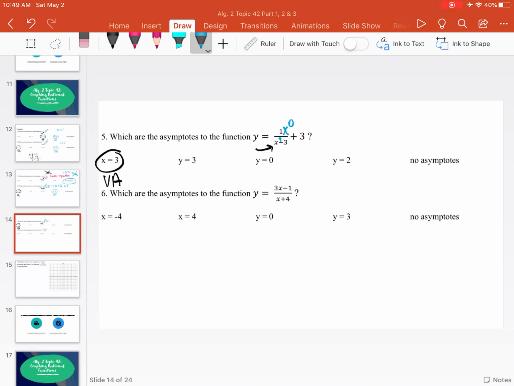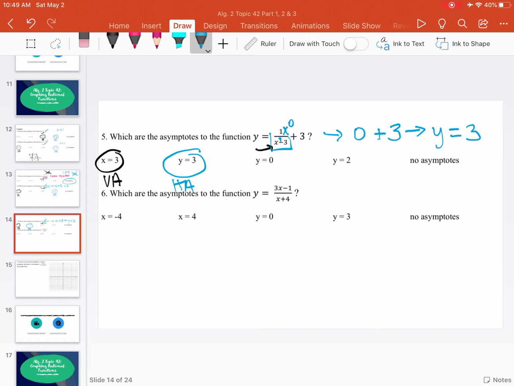So since the degree of the numerator is less than the degree of the denominator, this entire fraction will become closer and closer and closer to 0 as x gets bigger and bigger. But then we still have this vertical translation of 3. If we add them together, we get our new equation of y equals 3, which is our horizontal asymptote.